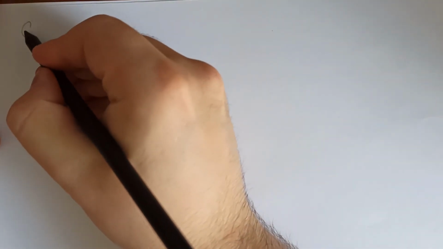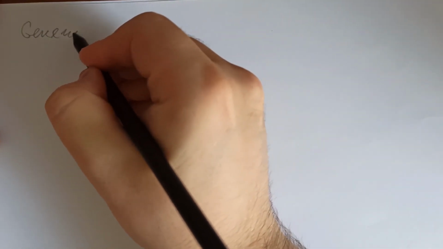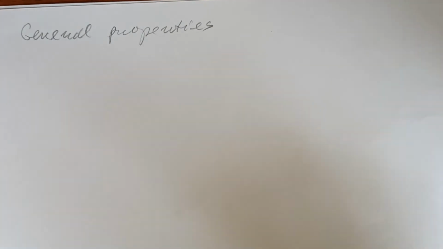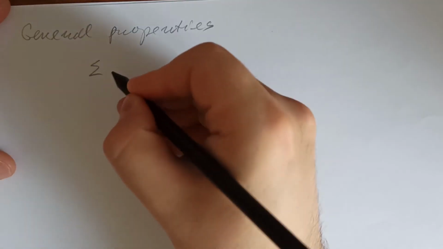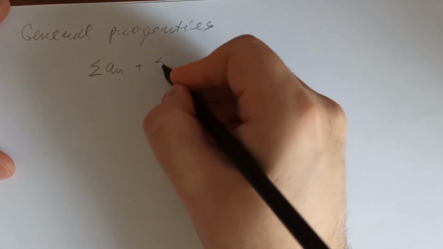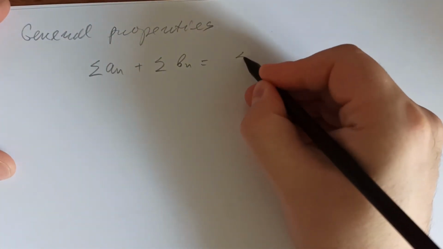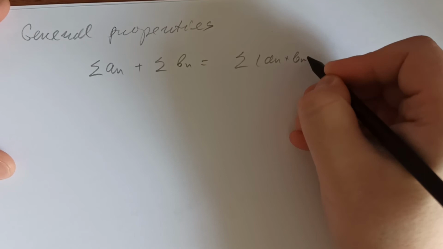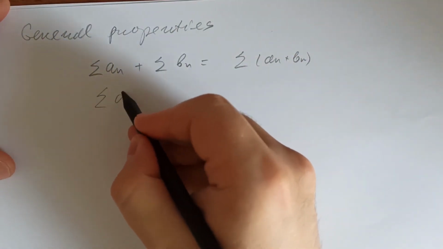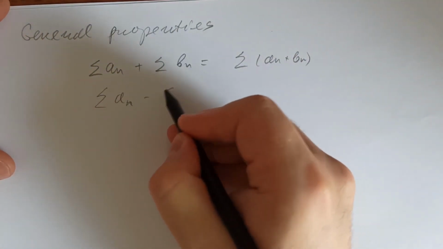Let's consider general properties of series. We can add up two series. The sum an plus the sum bn will be just the sum of an plus bn. Same for an minus bn.